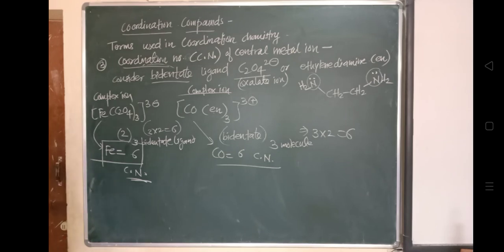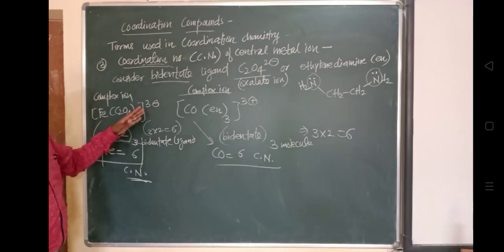If the combination of 2 or more stable compounds happens, and this combination of these stable compounds is in which ratio? In stoichiometric ratio.